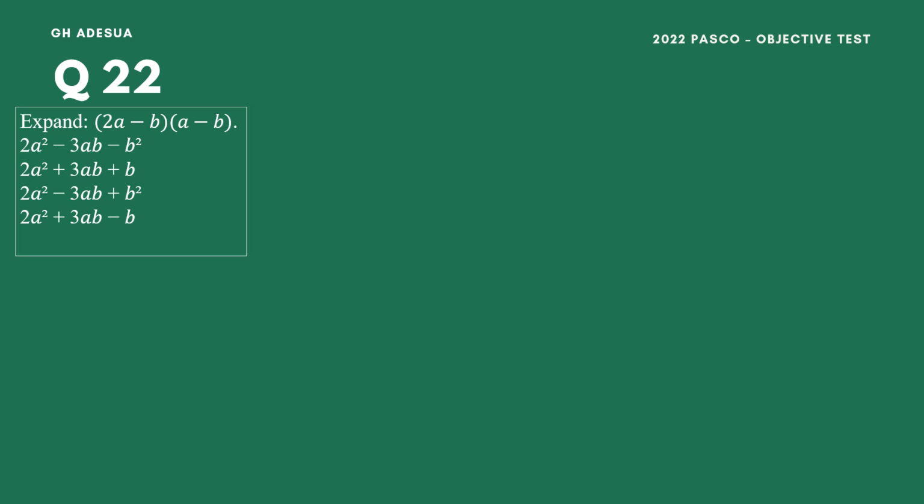For this, we know that it is under algebra, removing brackets. Every element of bracket A multiplies all the elements within bracket B. All those within bracket A will multiply all the members of bracket B.